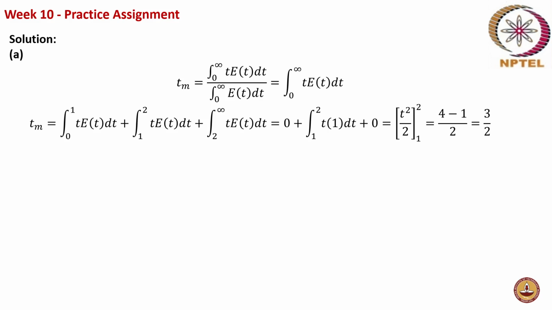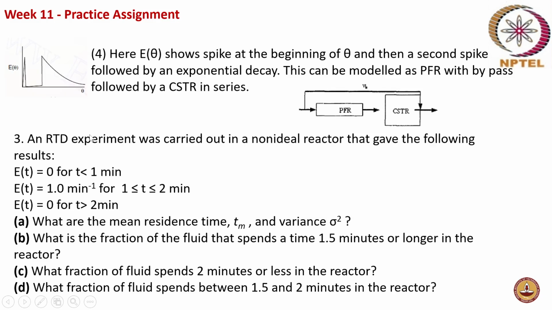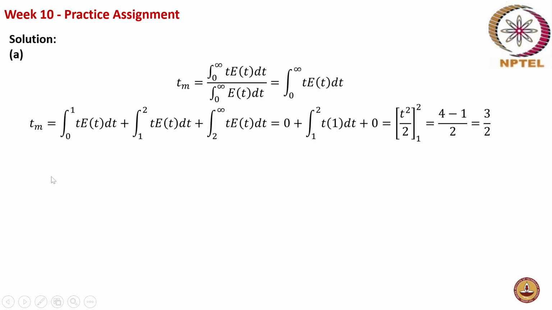So for the first case where time is 0 to 1, the E of t value is given as 0. If we substitute in the integral, the overall value will be 0. And then from 1 to 2, the E of t value is given as 1. So you will have integral 1 to 2 t into 1 dt plus integral 2 to infinity t into E of t dt.